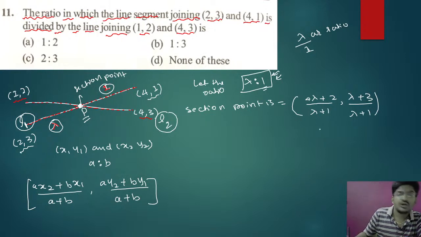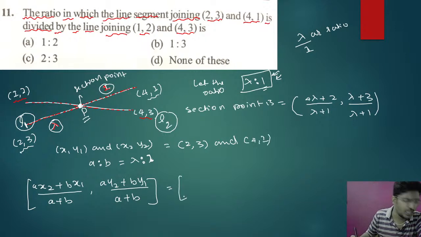Clear? So now use this formula. A is to B is nothing but lambda is to 1. x1, y1 is 2, 3 and x2, y2 is 4, 1. This is x1, y1, this is x2, y2.